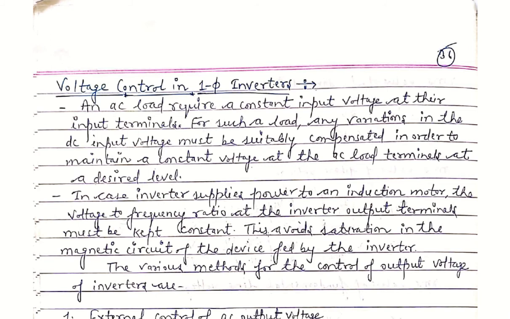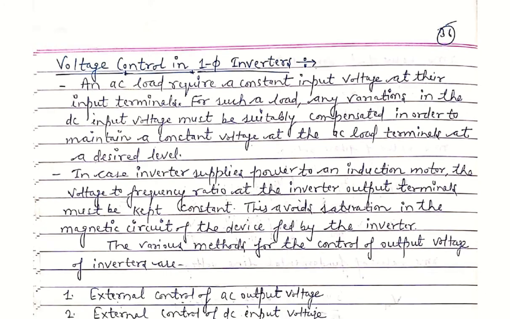If we don't keep the V by f ratio constant, then it will saturate the core of the induction motor. So these are the two things. One is that if the DC input voltage is not constant, then it will affect the output side, and if the V by f ratio is not constant, then it makes the core saturate. These two problems are there, so we need voltage control in the inverters.